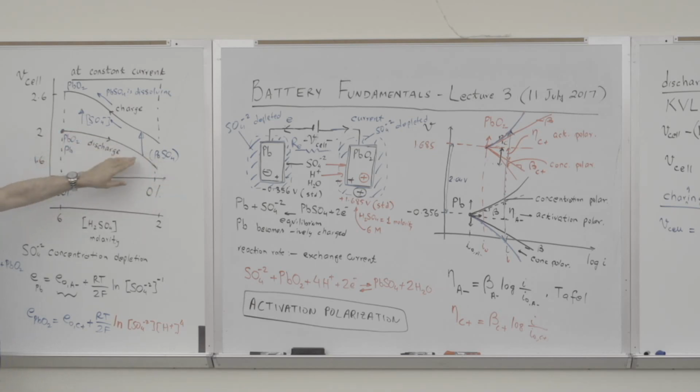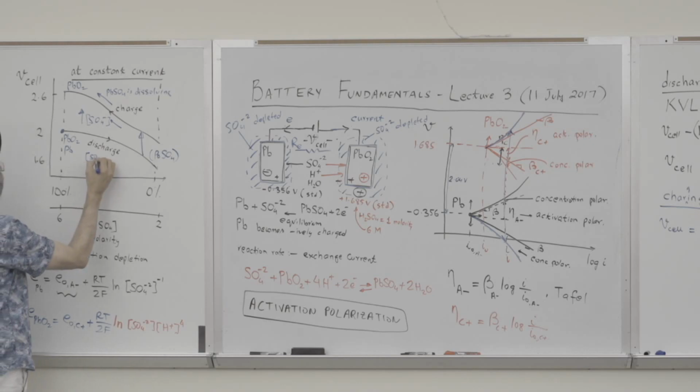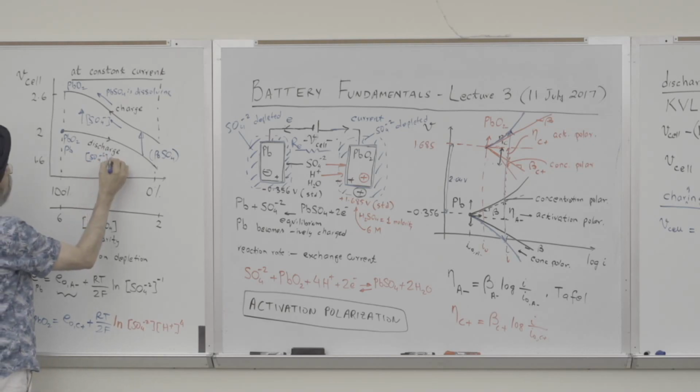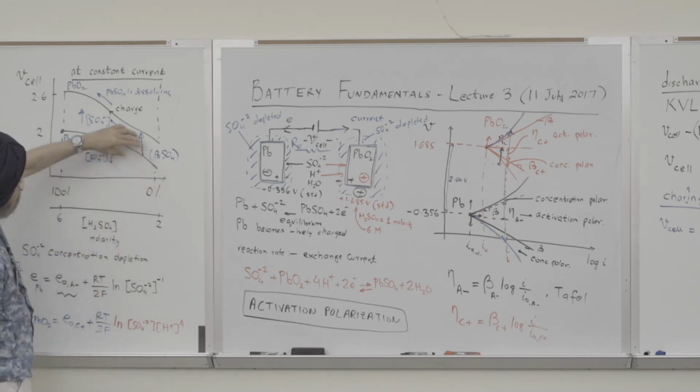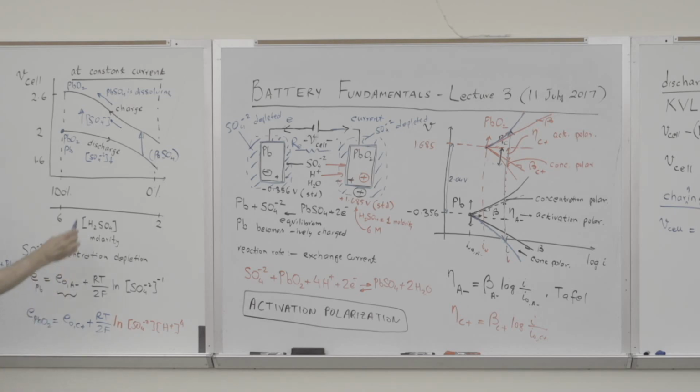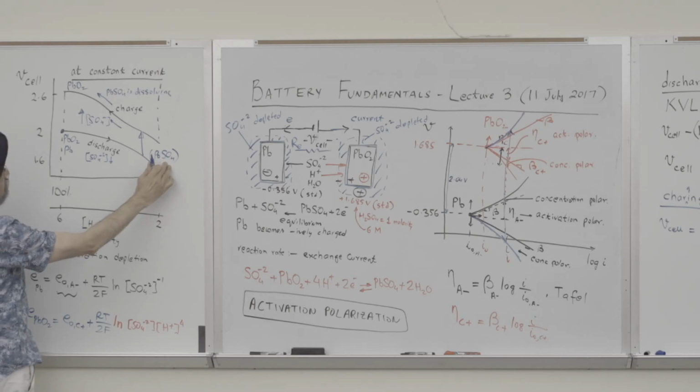So the decrease in voltage is because of SO4 minus 2 decreasing, and also the lead sulfate forming, which is resistive. And during the charging operation, the lead sulfate dissolves away.